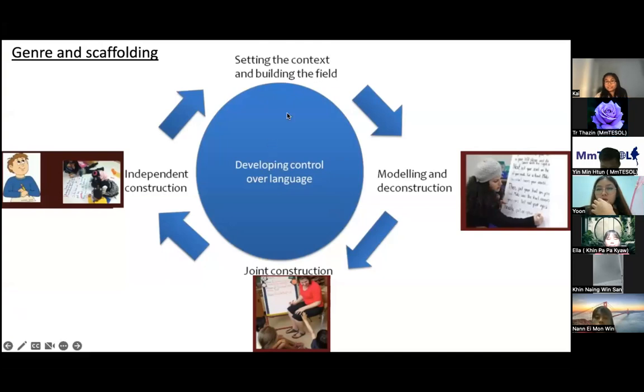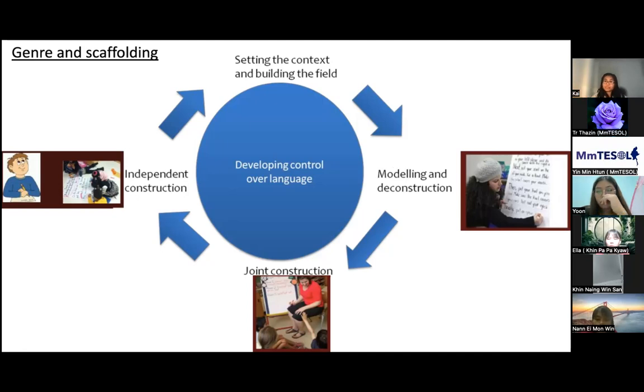Okay, so after building the field, the next step in genre-based teaching is that the teacher models and constructs the genre by herself. The teacher verbalizes what she is doing while she is writing the essay. In this stage, students can see what the teacher is doing because she is doing it while verbalizing, so students can learn, oh okay, the teacher is doing this, doing that.